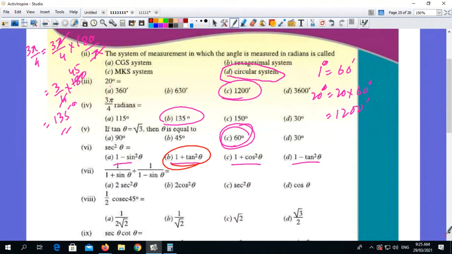Can any student tell me the correct option for 1 by 1 plus sine theta plus 1 by 1 minus sine theta? Please open your notebook and solve, and then answer me quickly.